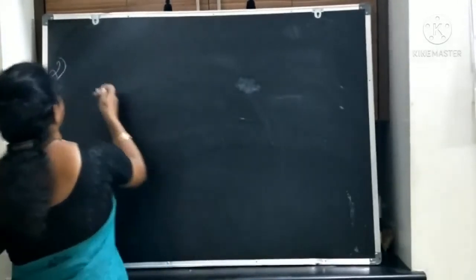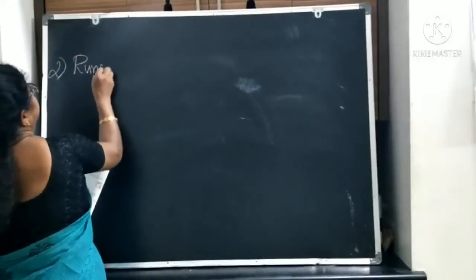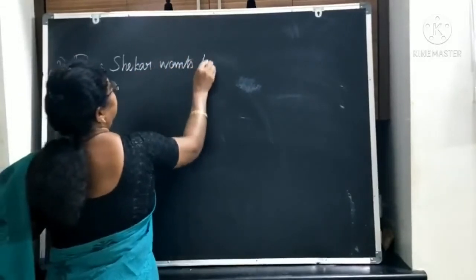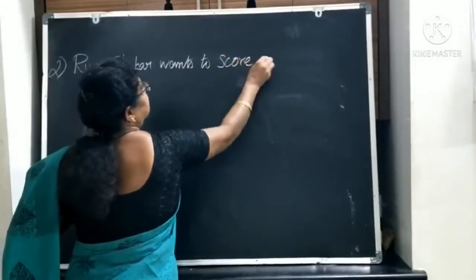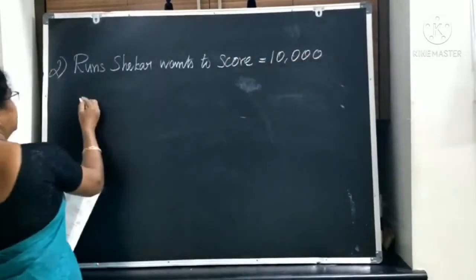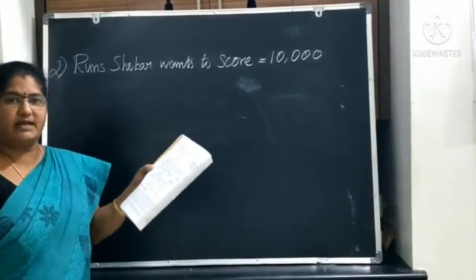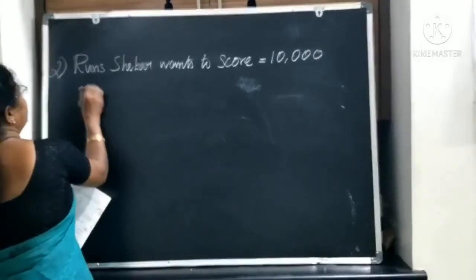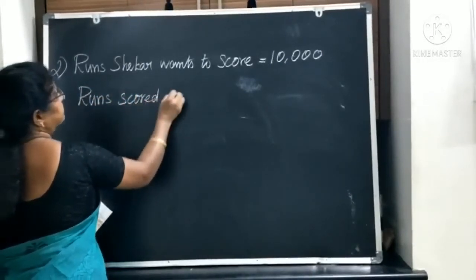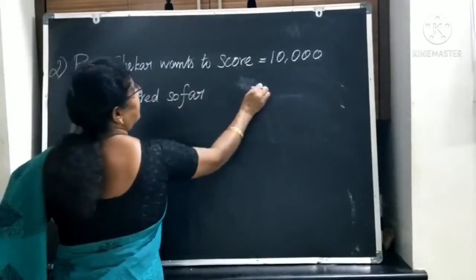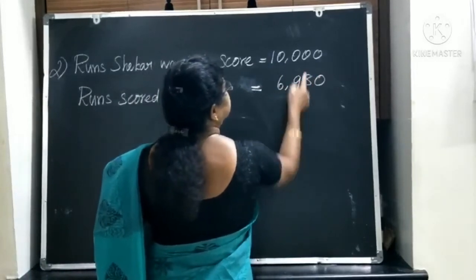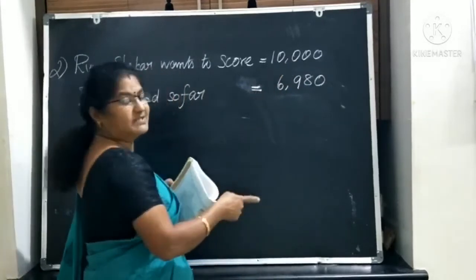Okay, so we'll write: runs Shekhar wants to score is 10,000. Next step, runs so far he got. Runs scored so far is equal to 6,980.